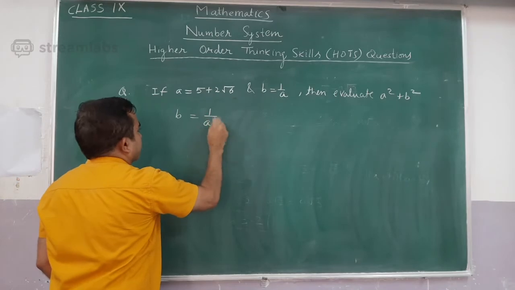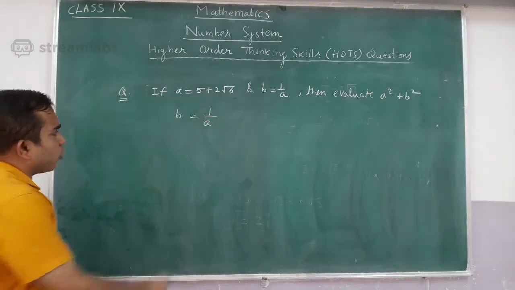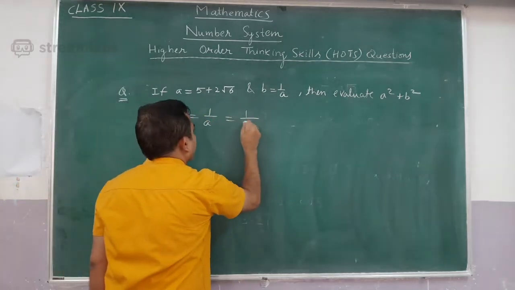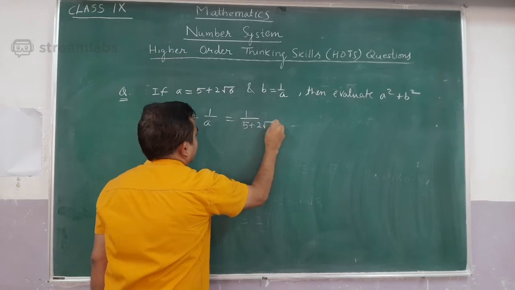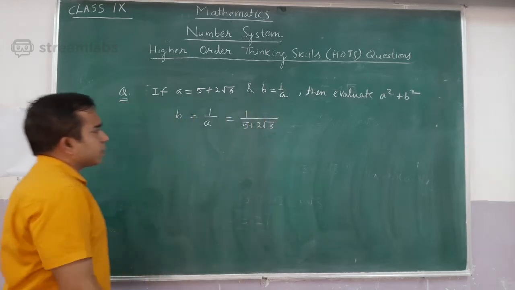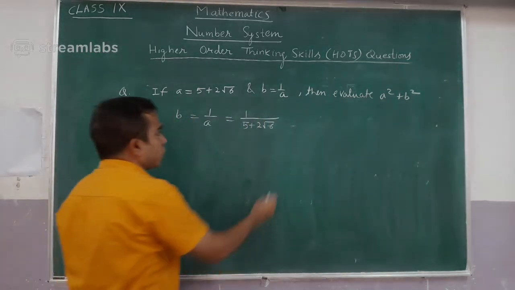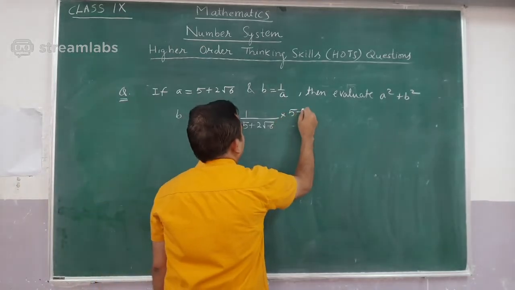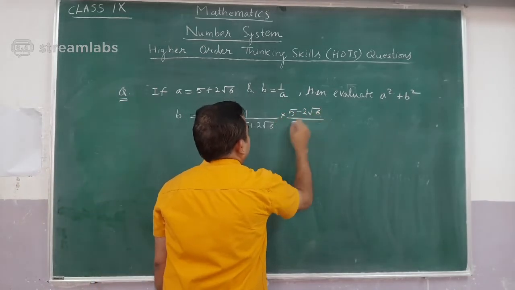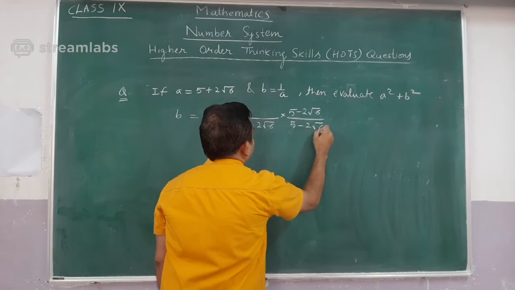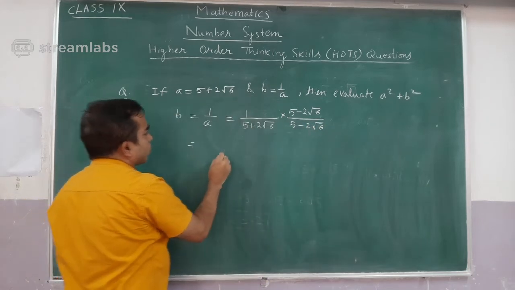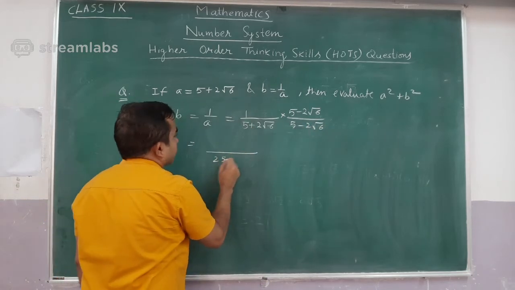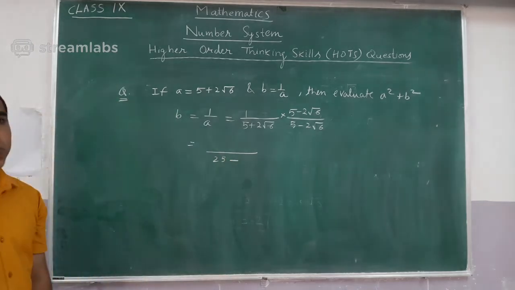B is 1 upon A. 1 upon A means 1 upon 5 plus 2 root 6. To simplify, I should multiply up and down with 5 minus 2 root 6. If I multiply, the denominator will become 5 square, means 25, minus 2 root 6 whole square.